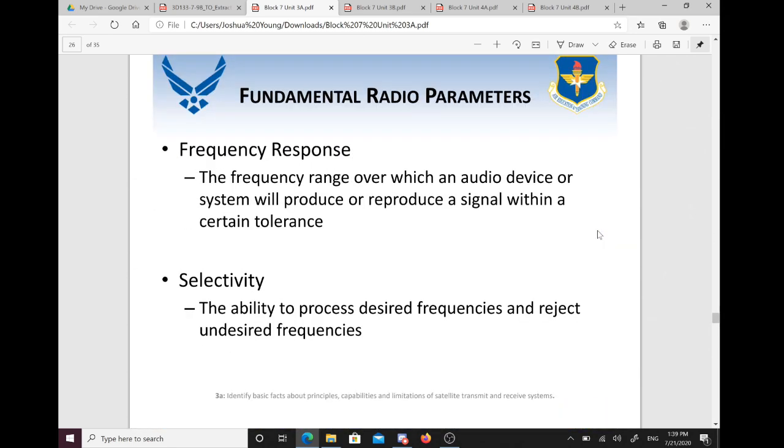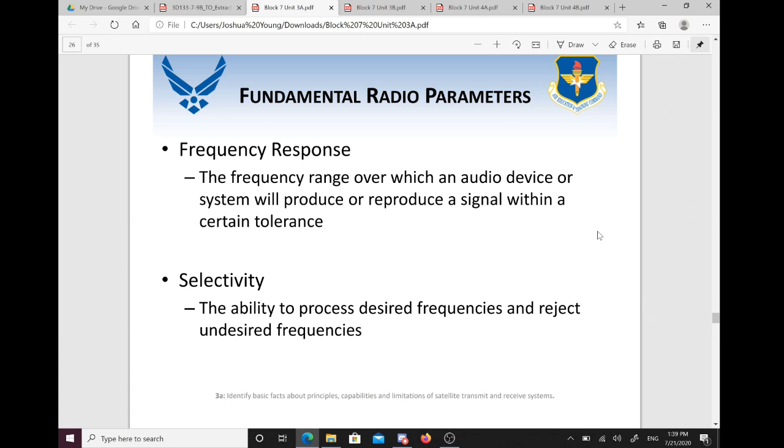And then you have your frequency response, the frequency range over which an audio device or system will produce or reproduce a signal within a certain tolerance. So it's the quality, how well the radio is sending and receiving the data or information. How viable is that response in the way that you're sending the data to your distant end.